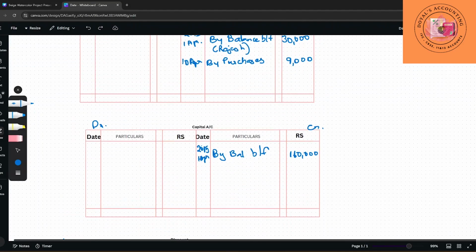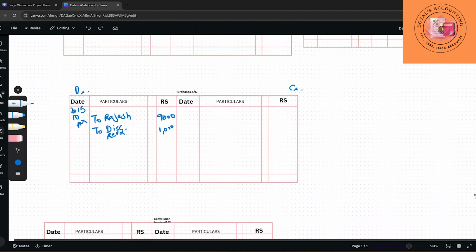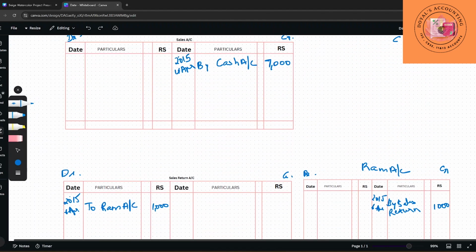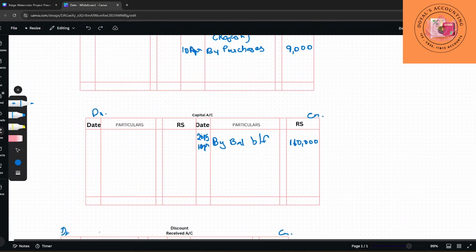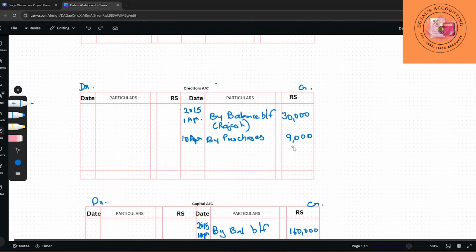One is my purchases account, in which I have mentioned Rajesh and discount received. Then I have my discount received account, in which I have mentioned how much discount I have received, and my creditor's account, which is Rajesh account, shows how much additional purchases have been made.